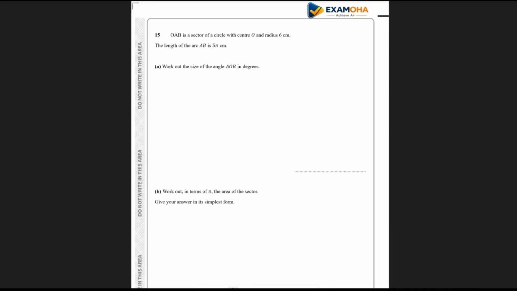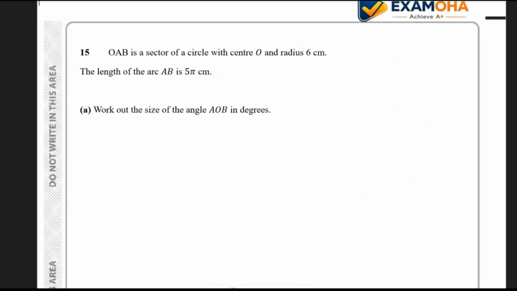So this question says OAB is a sector of a circle with center O and radius 6 centimeters. If we just have a circle here, just to imagine, it's nice to have a quick rough drawing in front of your eyes.